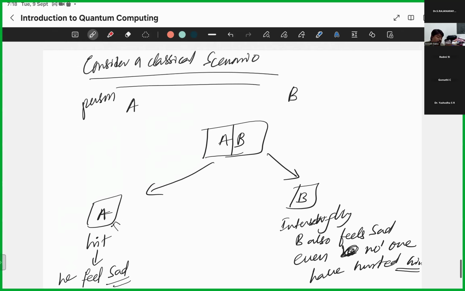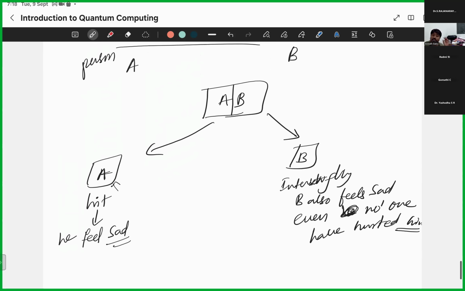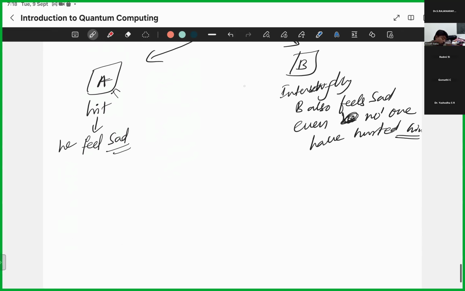But when you do the same experiment at the quantum level, in the classical world it doesn't exist. When two friends are separated, if something bad happens to one friend, the other is also feeling sad, but not every time. But now take two atoms, quantum domain.